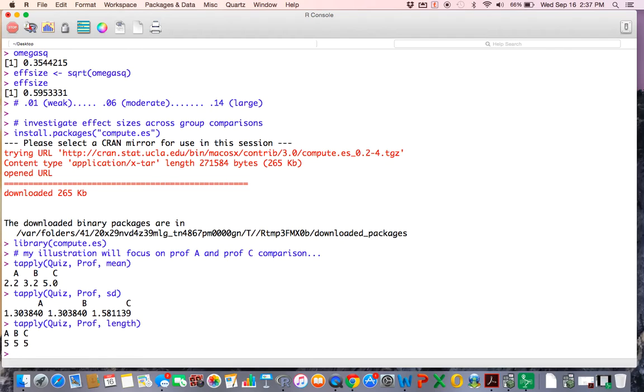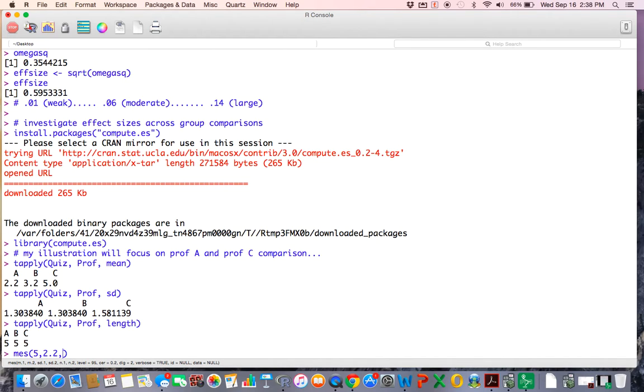All right, guys, what I will do now is run MES. So again, I want to compare C to A. So the mean for Professor C is 5. The standard deviation is 1.58. I'm sorry, that's not the way it goes. Mean of C is 5. What are we doing? C to A? Yeah, okay. Mean is 2.2.